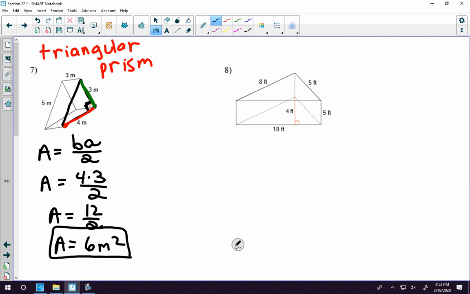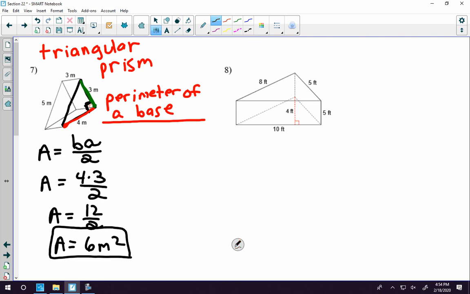Okay, next, the perimeter of the base. The perimeter of a base is going to be found by taking the perimeter of the triangle. And the way to find the perimeter of that triangle, which I've already highlighted, is taking the red length and adding it to the green length plus the black length.